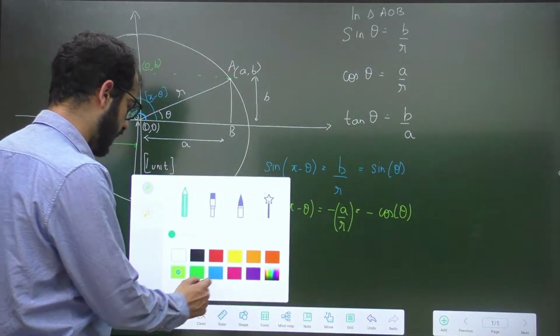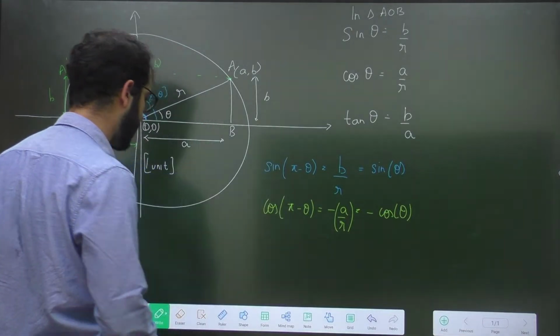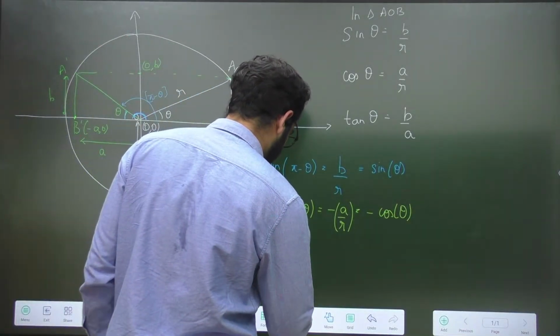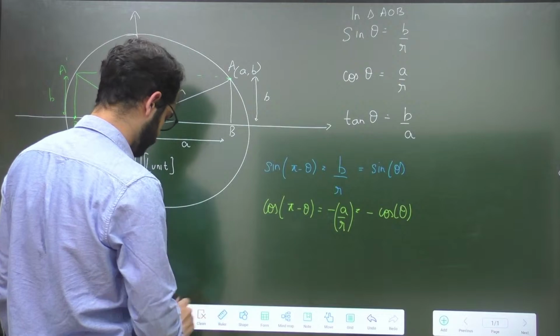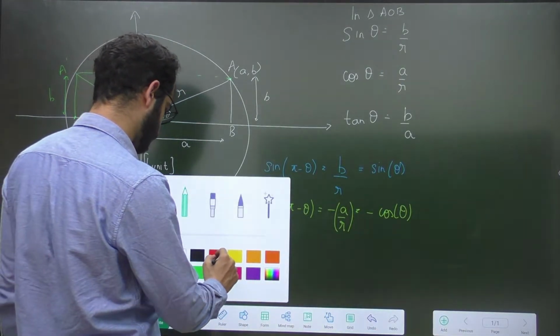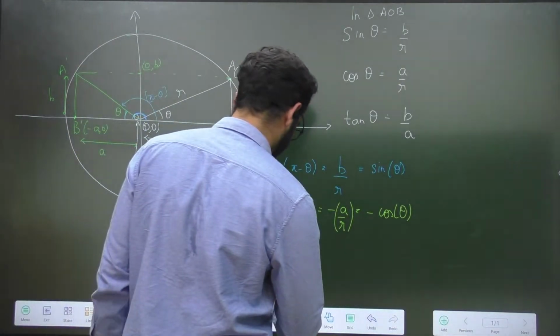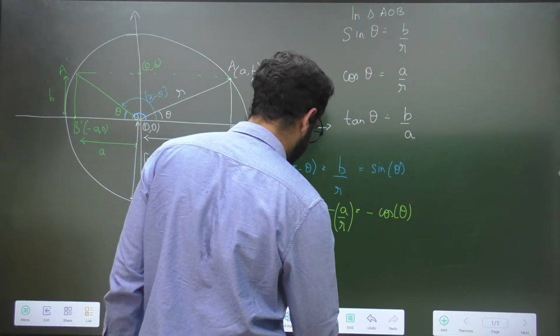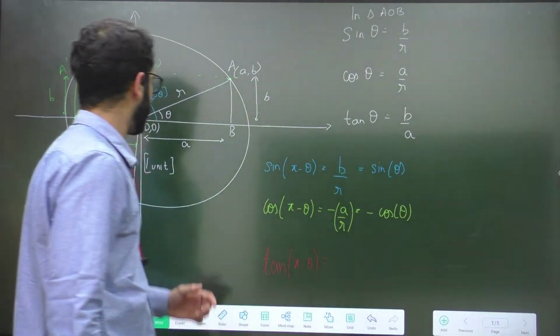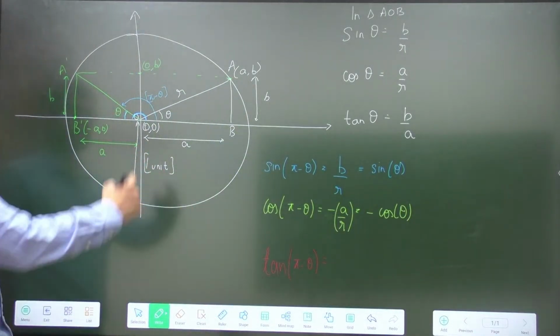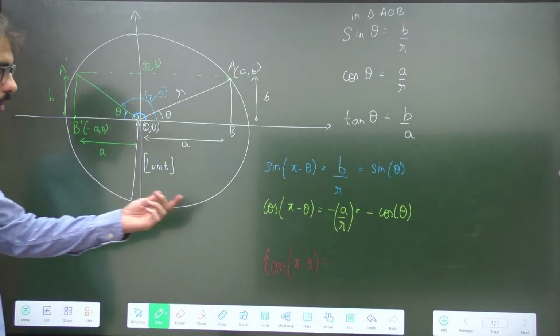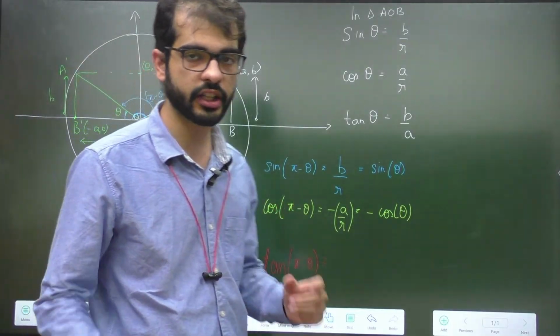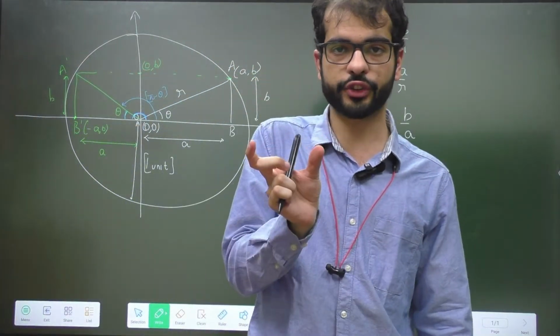Let's examine what happens for tan. If I'm talking about tan of pi minus theta, let's see. Pi minus theta refers to the line OA dash. If I'm talking about tan, tan is the ratio between vertical component to horizontal component.